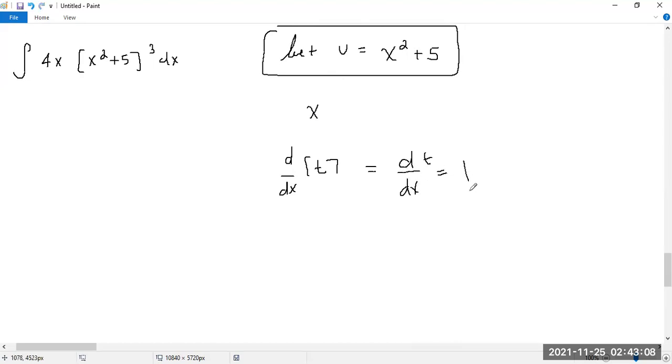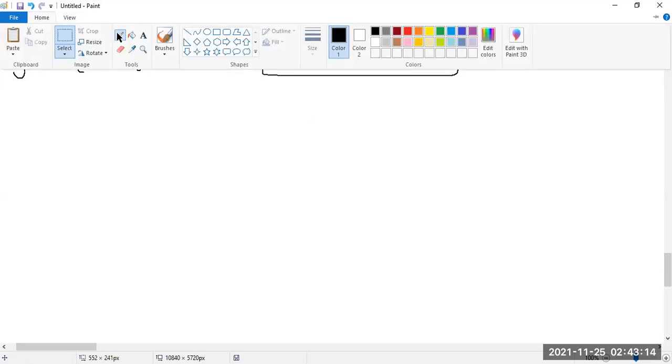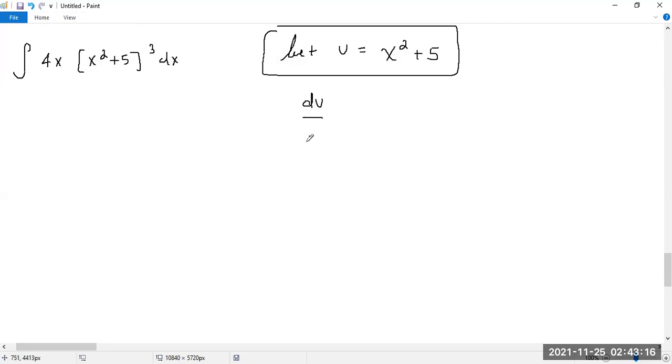That would just be 1, right? So the same idea here with U-substitution: du over dx, the derivative of u with respect to x, would be 2x, right? And then we actually want to start treating this as an equation.